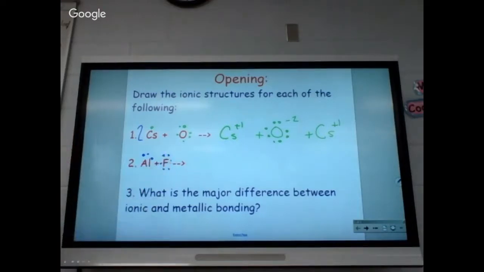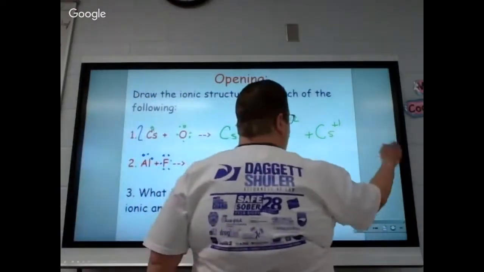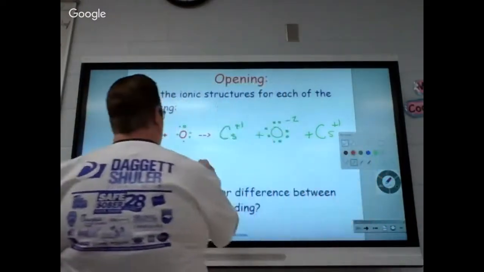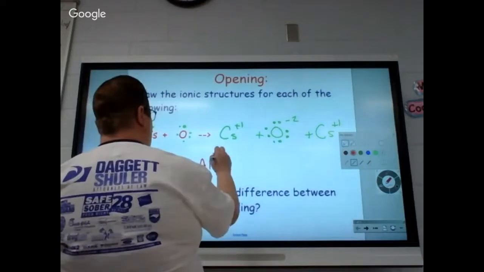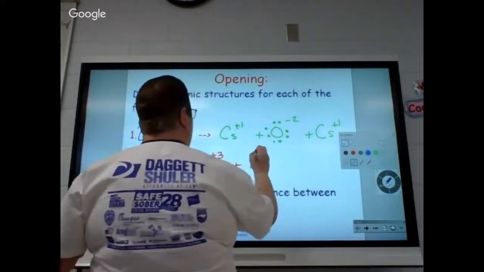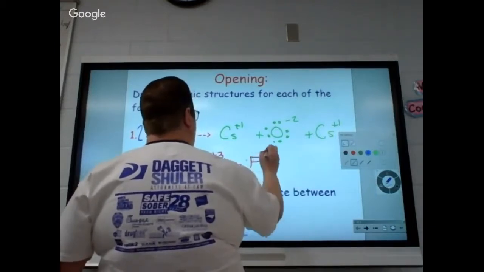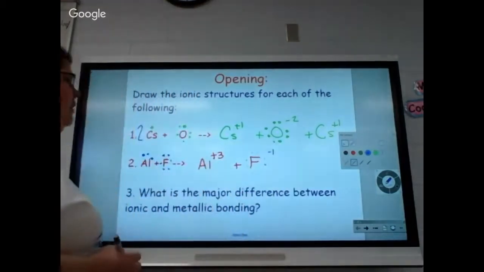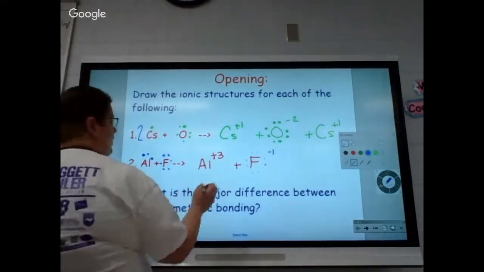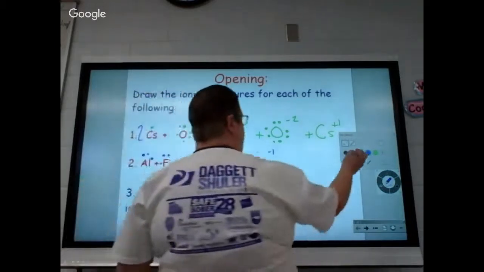All right. So AL is going to do what? Lose 3. All right. So AL is going to have a +3. And F is going to have how many on it? 8. Okay. So it gains 1. And so I got 2 homeless dots, right? I can't have homeless dots, so I got to add somebody. Who am I adding?